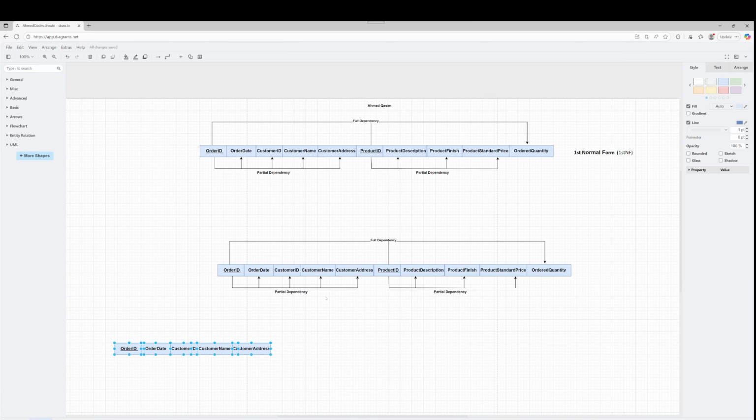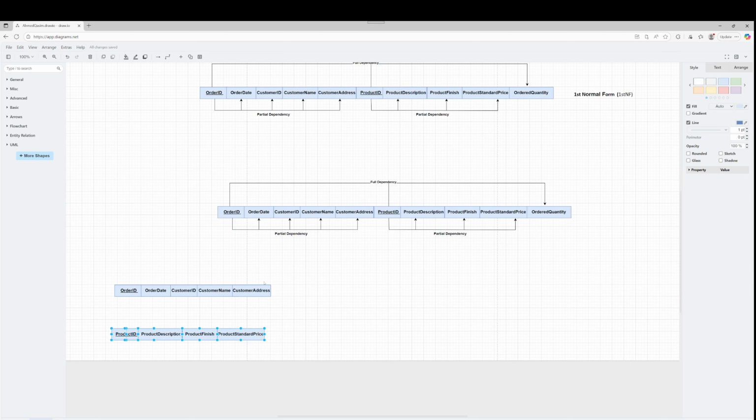So this is one partial functional dependency, and then I will remove this one. This is another partial functional dependency. So if I move this now and move this, then only the order quantity will remain.